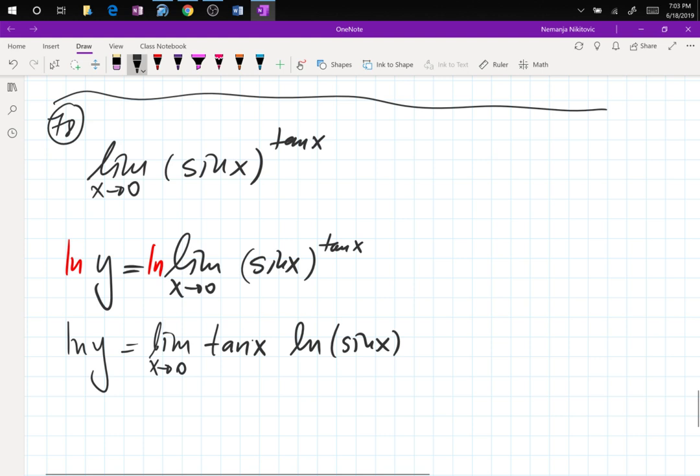So now the limit goes in front, right, and then tangent x times ln sine x.